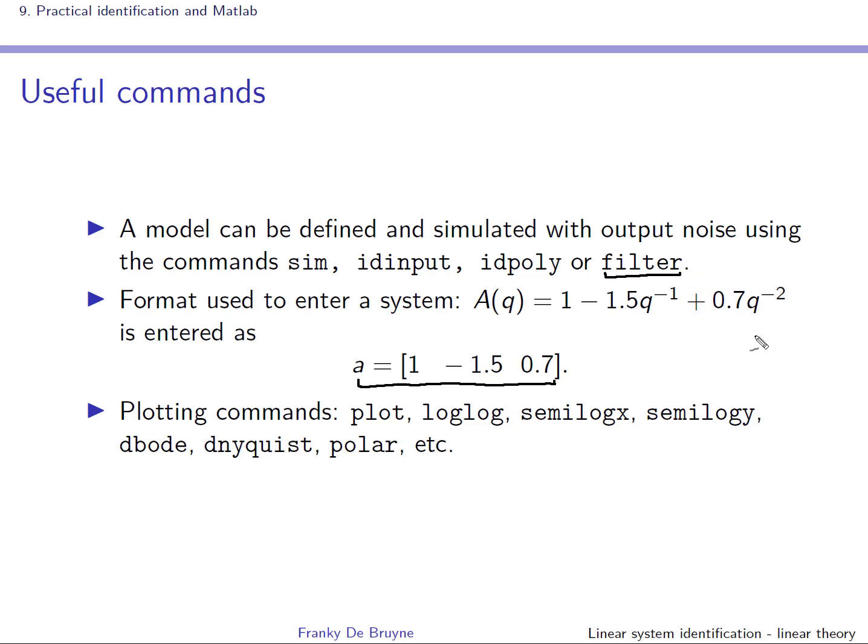This polynomial format and the command filter will be important for your system identification assignments. Besides working on a dataset, you will be asked to write your own ARX function, for instance, or your own output error or ARMAX function.